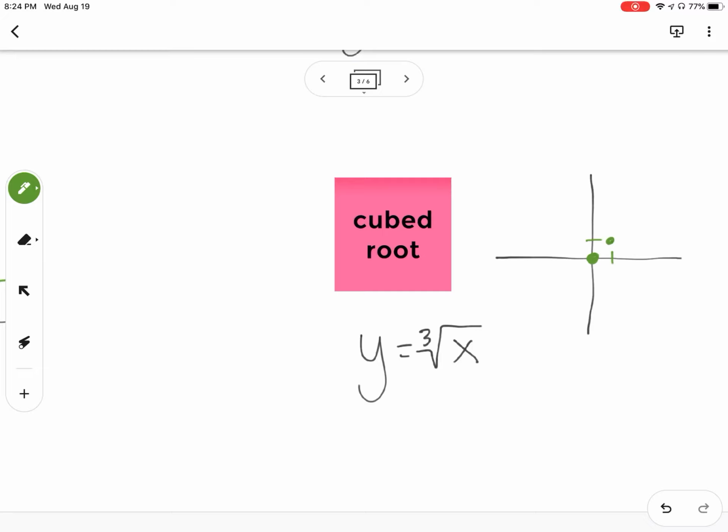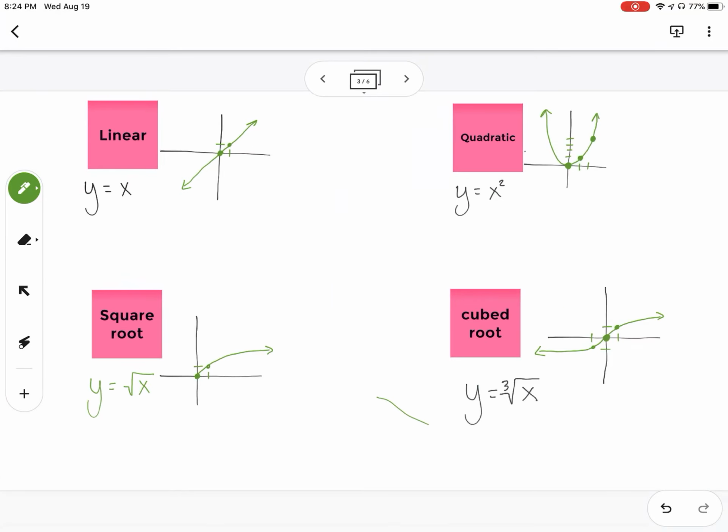We got 1, 1. Similar to square root, but this time it is able to be negative. It's kind of going to go like that. That is cubed root. That's our first four. Got linear, quadratic, square root, cubed root.